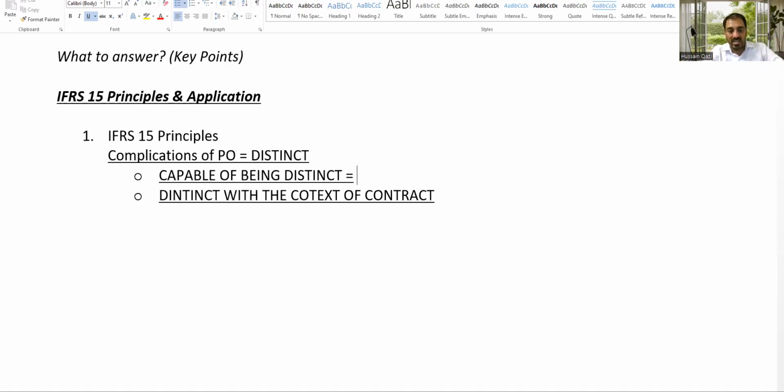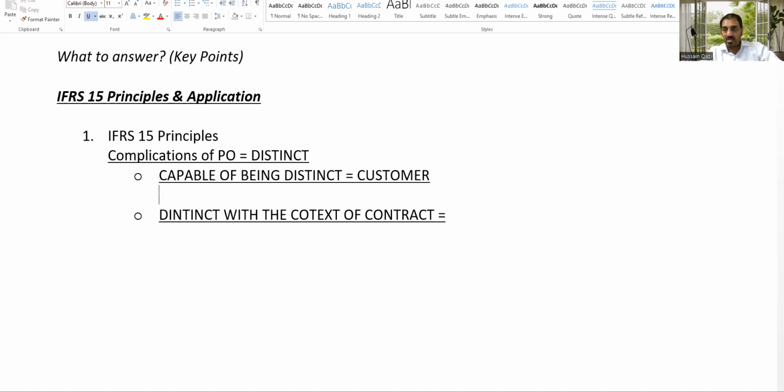Capable of being distinct with respect to the customer: the customer can buy with their choice, not affecting the future benefit of the customer, and the seller is also able to make it distinct. But here the type of contract is very clear: the customer cannot buy the license or data processing independently, or the seller cannot sell the services independently.